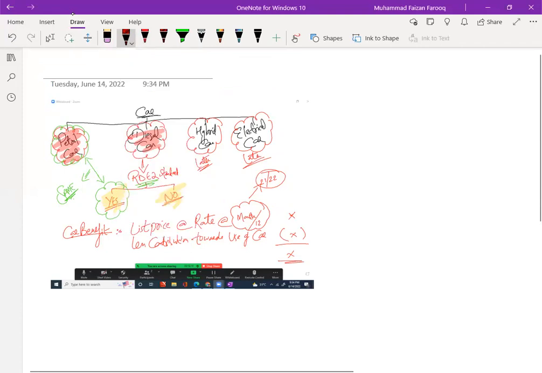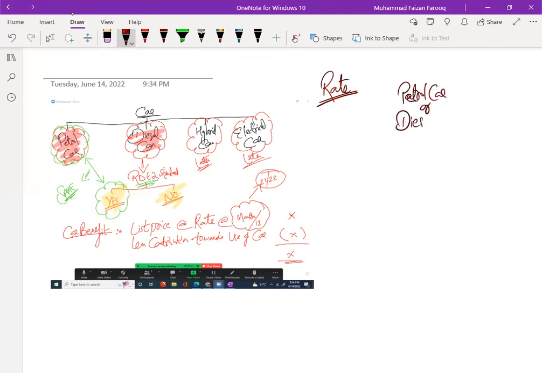First of all, we have list price and we have rate. How to calculate rate? For a petrol car or a diesel car which is meeting RDE2 standards, we are going to discuss this one only right now.